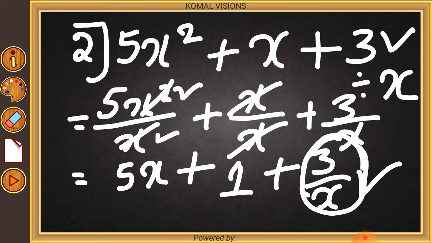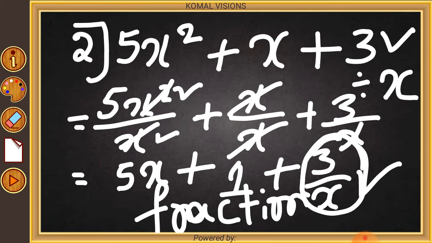So we are ending up with the remainder as a fraction. We know that whenever you get the remainder, it should not be a fraction, correct? So we are getting here 3 by x, which you cannot cancel out. So that is why we'll go for the remainder theorem for this kind of expression.